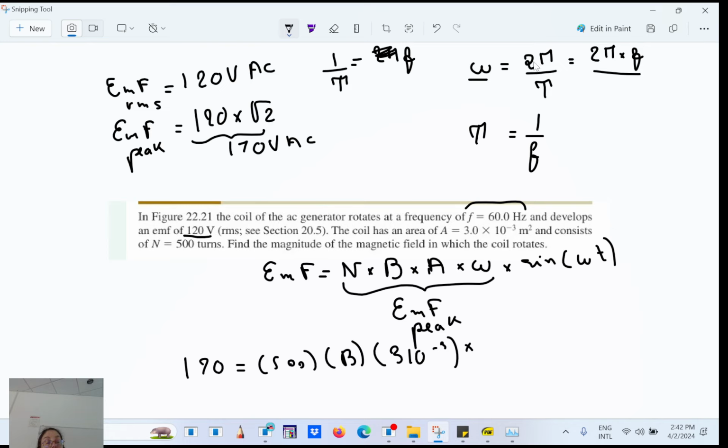One revolution is 2 pi over the period, and the period is 1 over the frequency, so it's going to be 2 pi times 60.